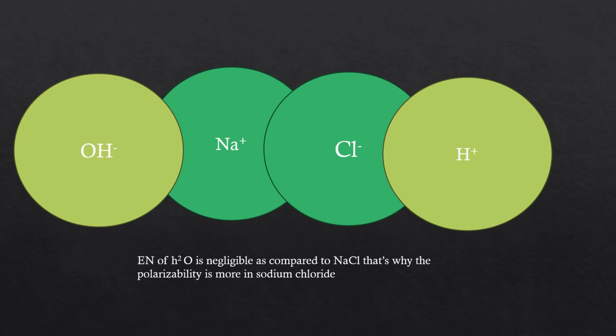And you all know that polarity is the factor of dissolution. So if the polarity is less, the dissolution will be less. Here, sodium chloride has more polarity, that's why it will be dissolved. But H2O does not have the polarity, that's why it will not dissolve.